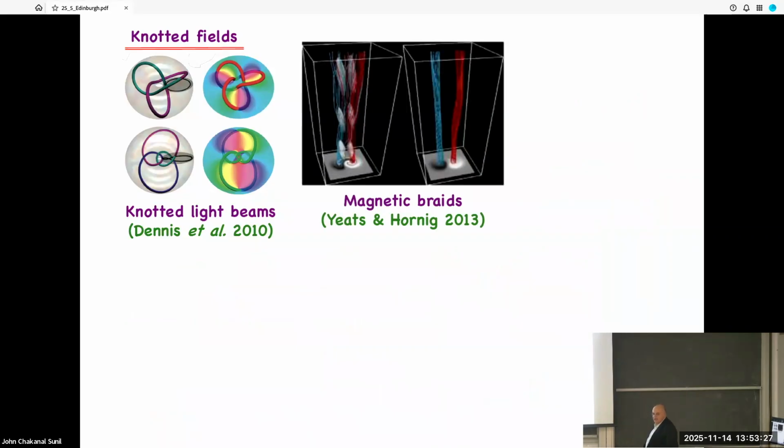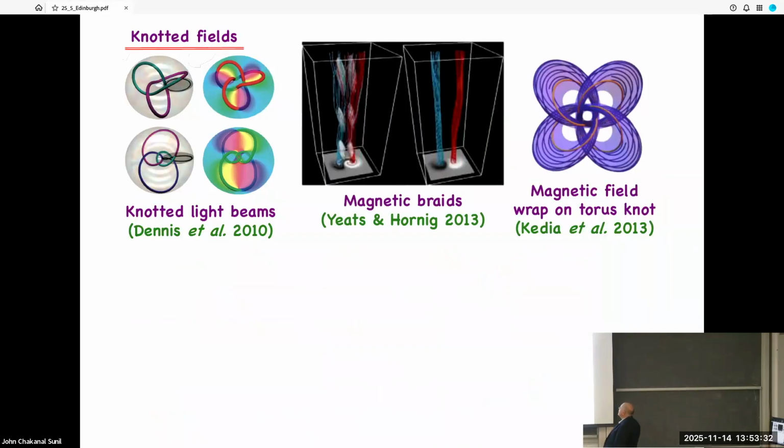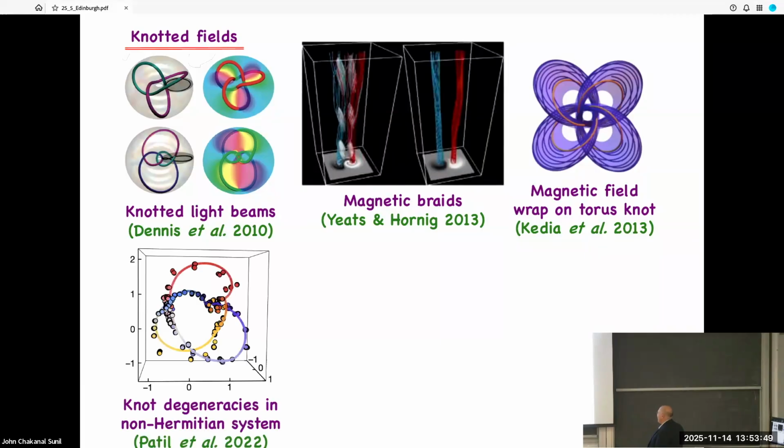Now, I want to end up with pictures of ongoing works. Of course, you know Mark Dennis' work, beautiful, on knotted light beams, and then magnetic braids done in Dundee by the group of Hornig. And of course, this is in relation to solar physics. This is in relation to geometric optics and transportation of information in fibers, etc. This is just a beautiful investigation on optics, if you like.